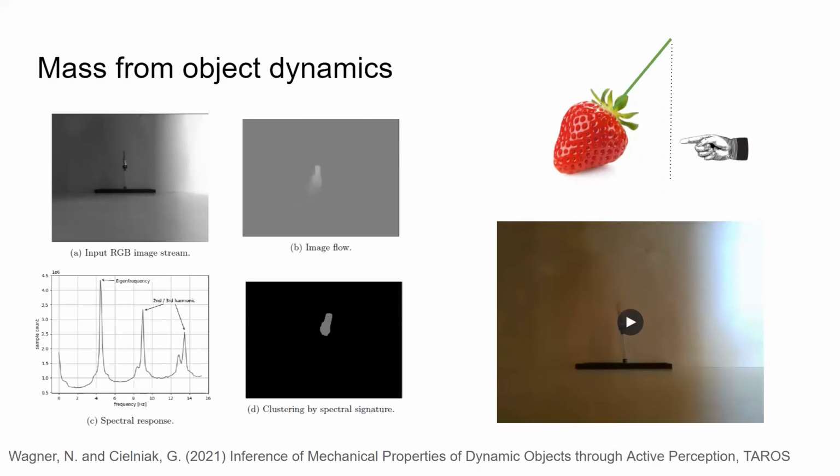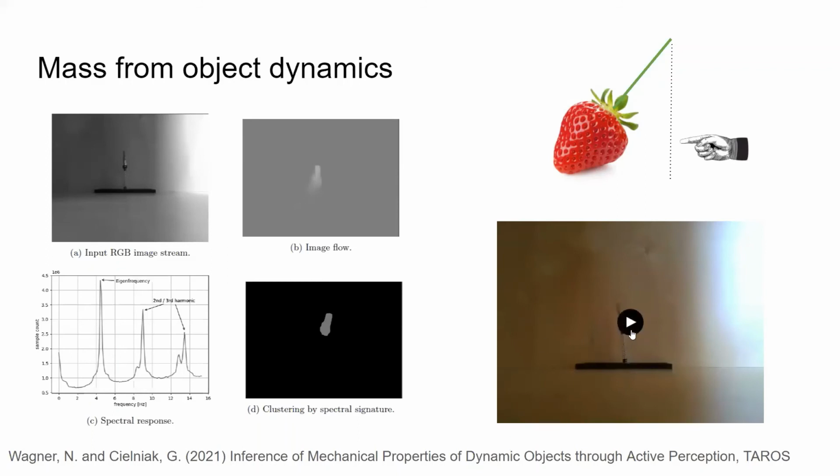You can look at the behavior of that strawberry, the frequency with which it swings, and deduce in a non-destructive way the mass of the object. It's a paper written by Nico that you can have a look at.